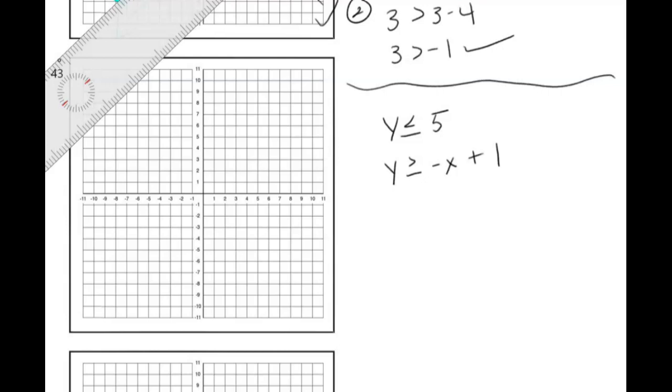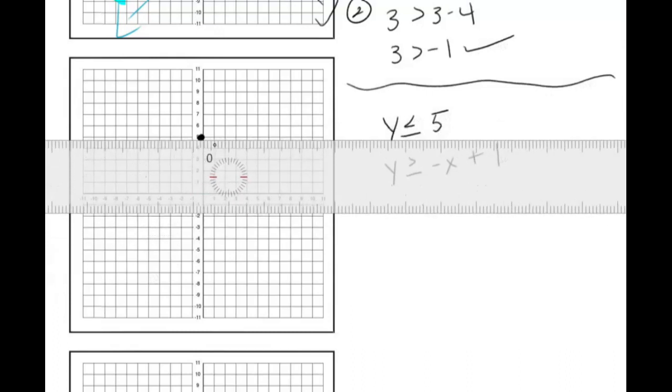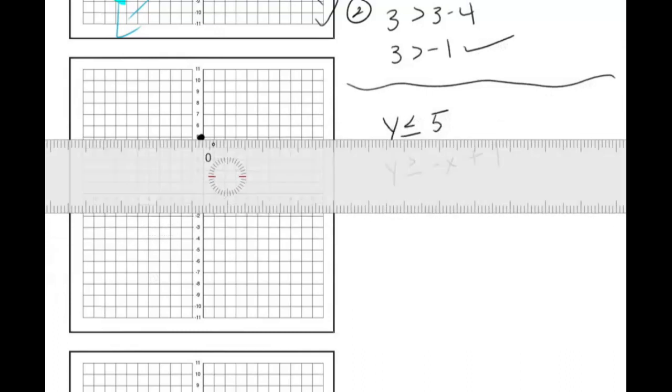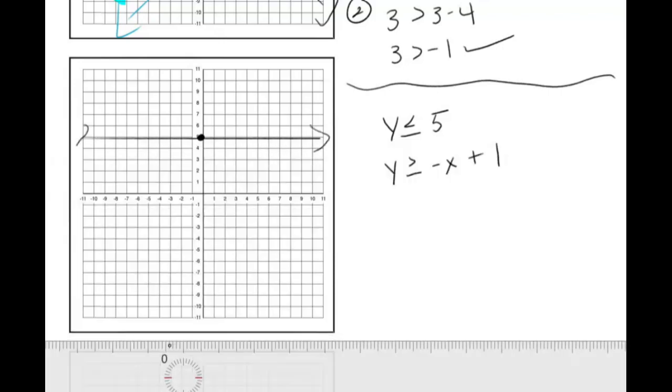Well, first of all, we look at our y-axis, and we find the point number 5. And now, this line is the straight line that goes right through that point. And it's going to be a solid line because it's y less than or equal to 5.